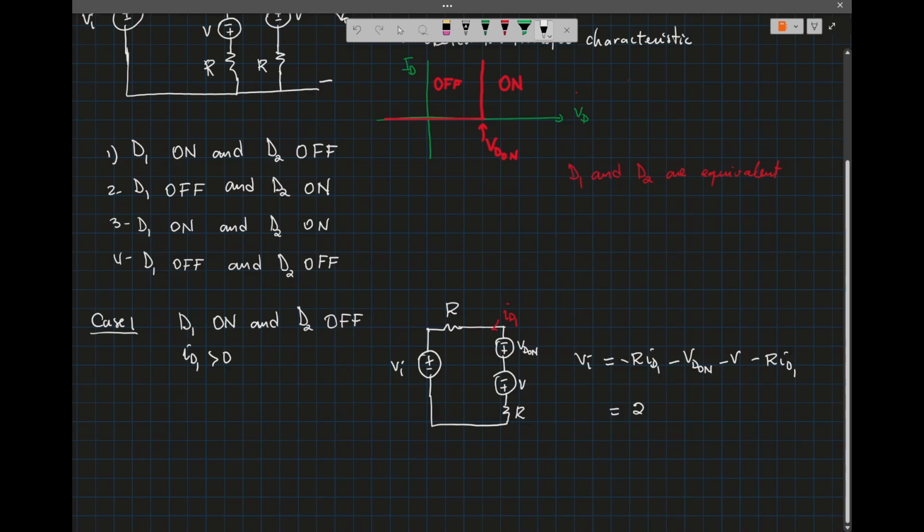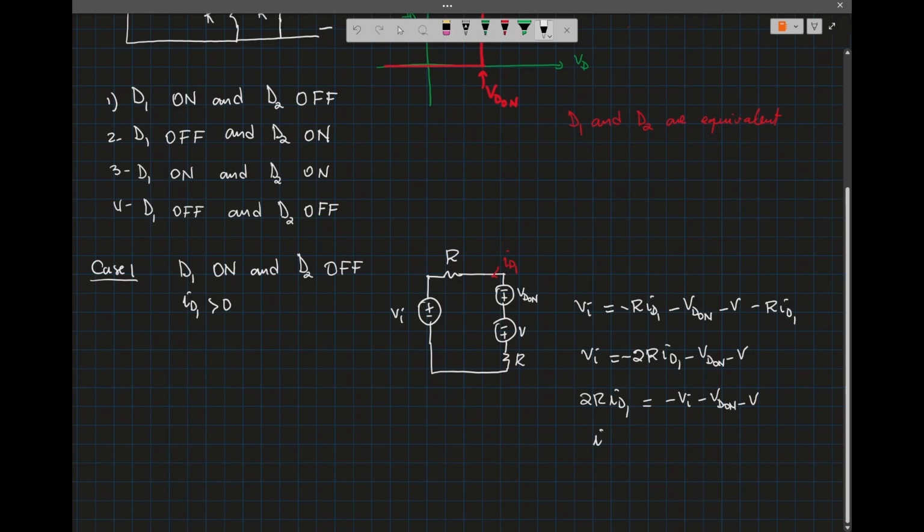So I have minus 2R ID1 minus VD on minus V, which is VI. So 2R ID1 equals minus VI minus VD on minus V.